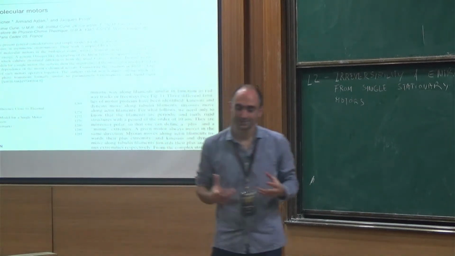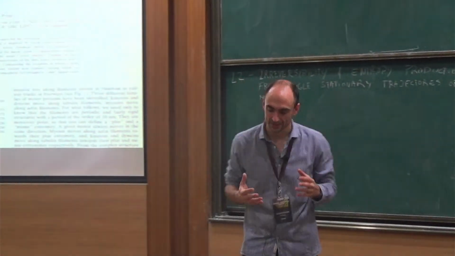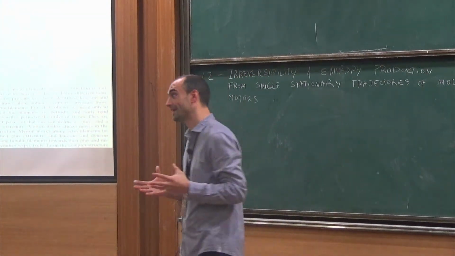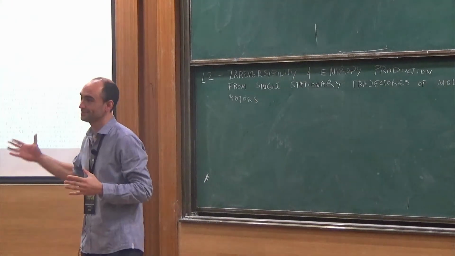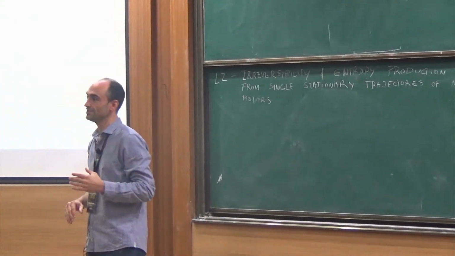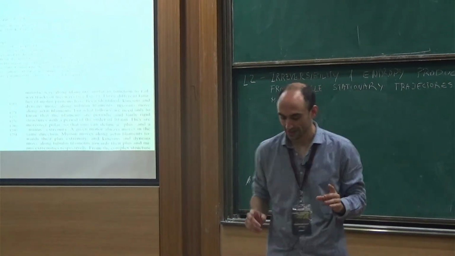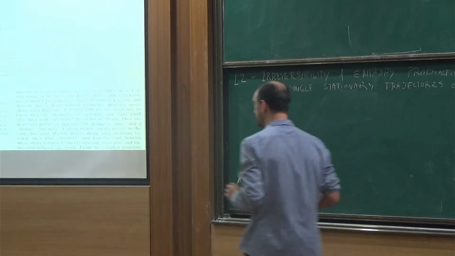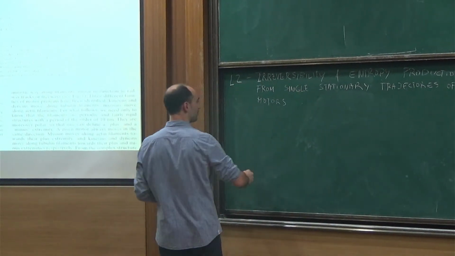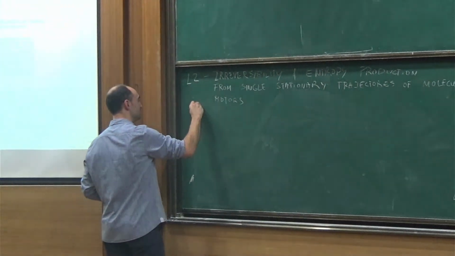So scientists were extremely motivated to understand how you can obtain net motion in an isothermal environment. One of the key concepts explained here is the so-called flashing ratchet model.